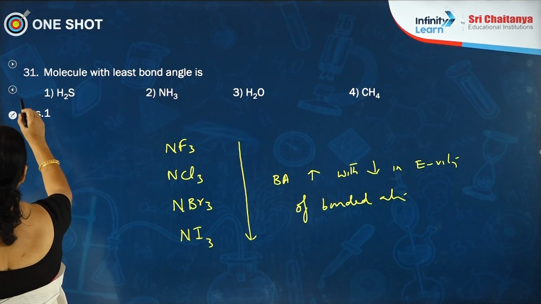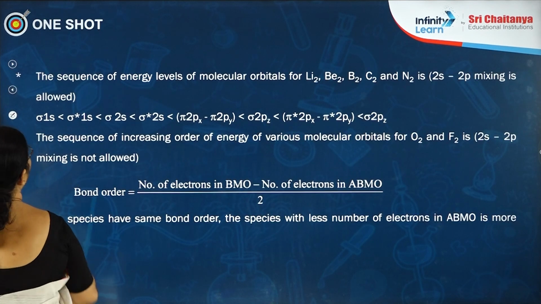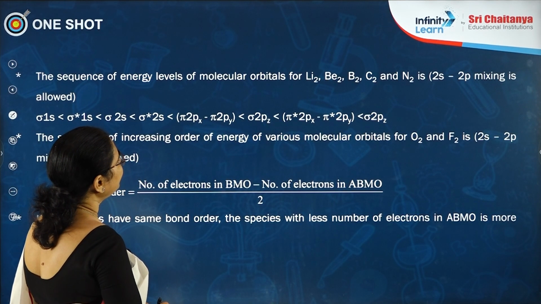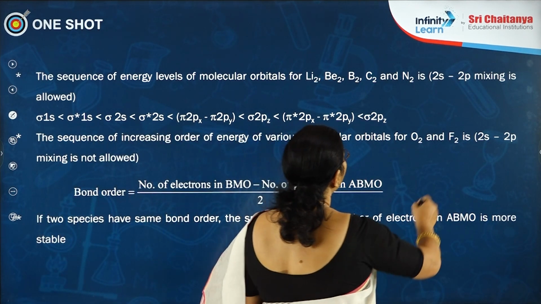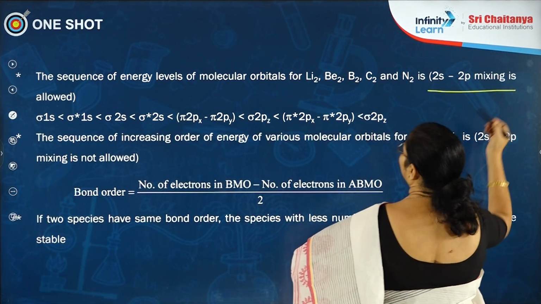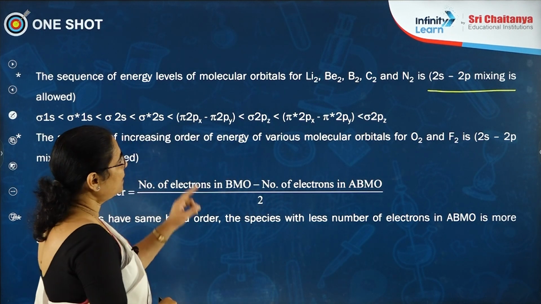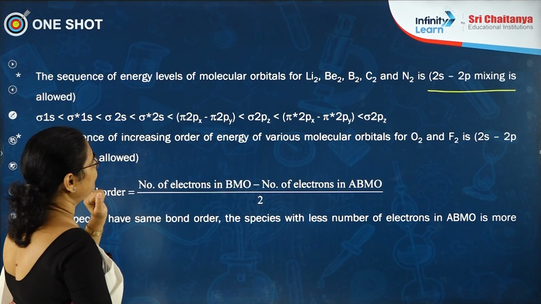Next. The sequence of energy levels of molecular orbitals for lithium, beryllium, boron, carbon, nitrogen. If 2s and 2p mixing is allowed, all of you please remember, up to nitrogen 2s and 2p orbital mixing takes place.